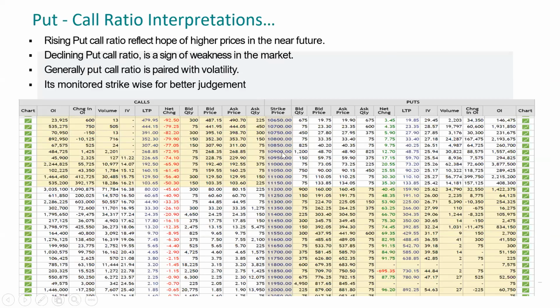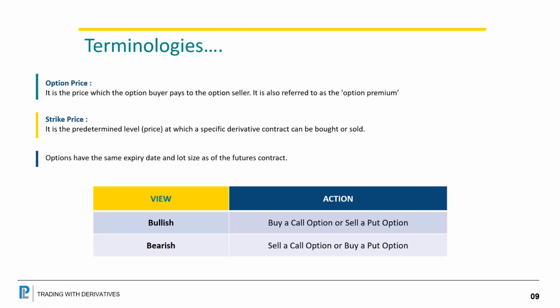You can see Nifty is quoting at roughly 11,200 now, and every 50 gap we have Nifty strikes. So these are strike prices. I've shown you what strike price is, and I'm sure everybody must have got the hang. Okay.